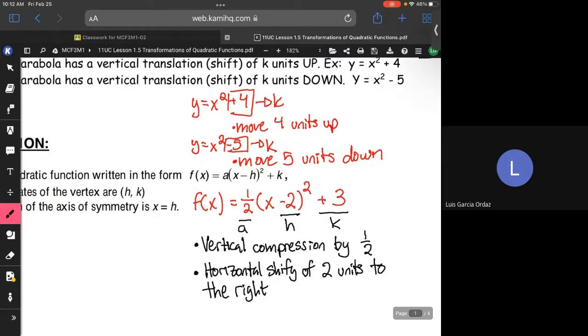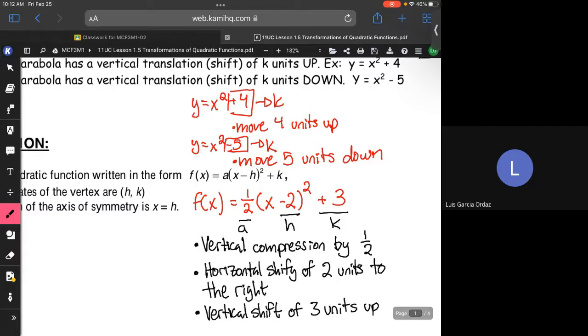And who can tell me my last transformation with the k? Vertical shift of 3 units up.